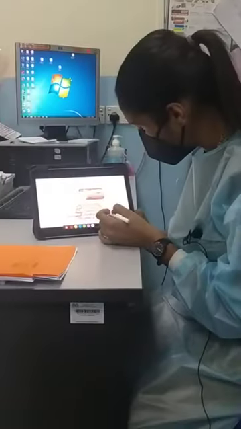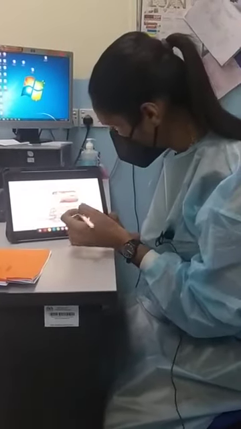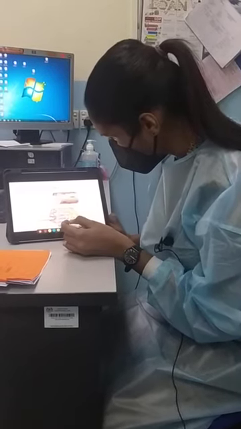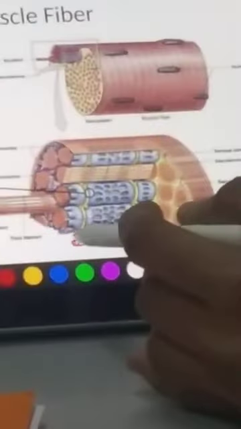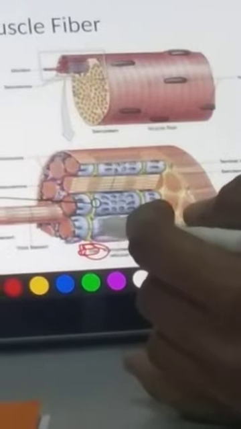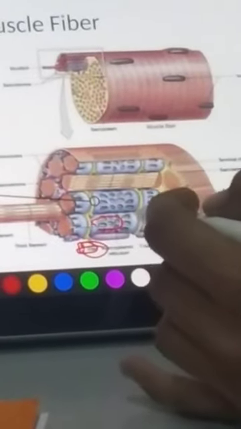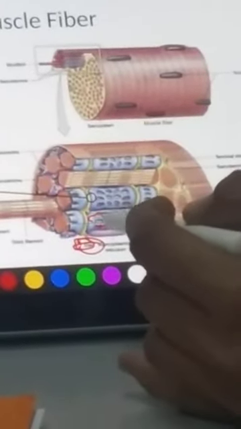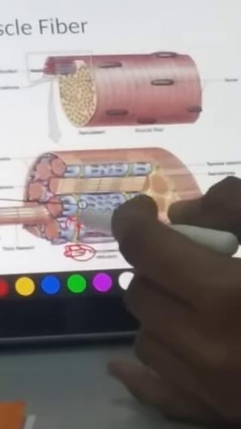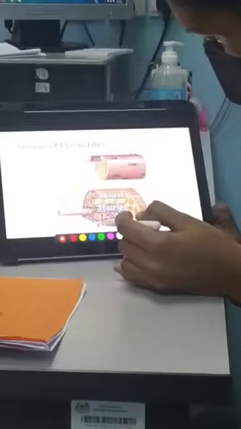This is the muscle membrane and the terminal system. There is a triad. What is this triad? The triad comprises the sarcoplasmic reticulum and the T tubules, so the combination of this and this is called the triad.